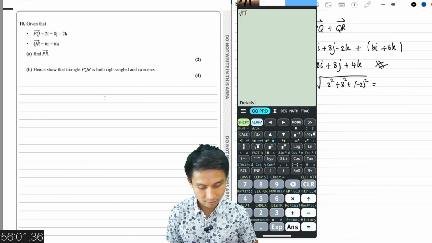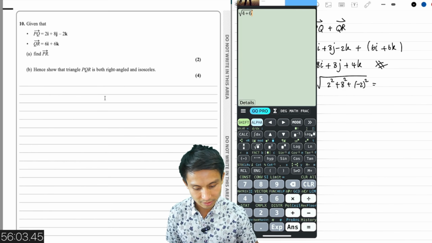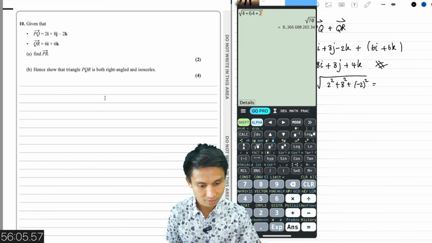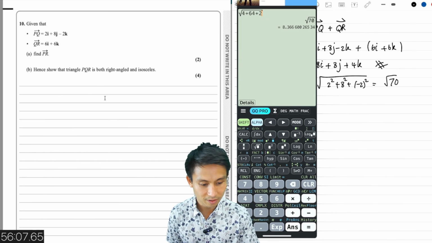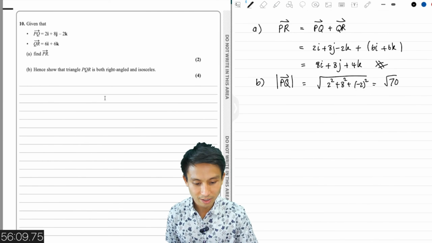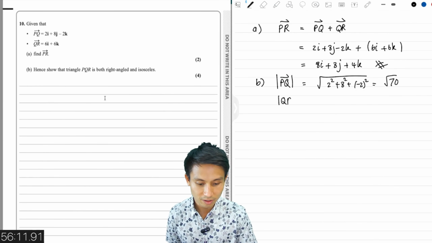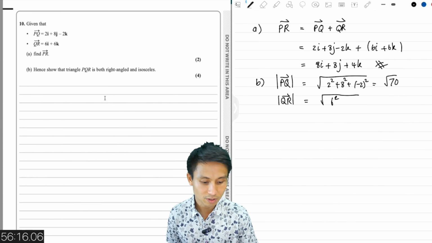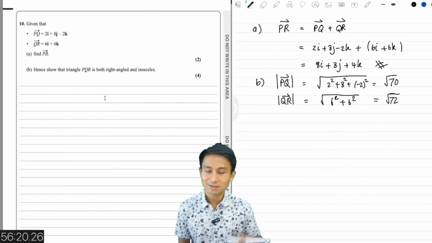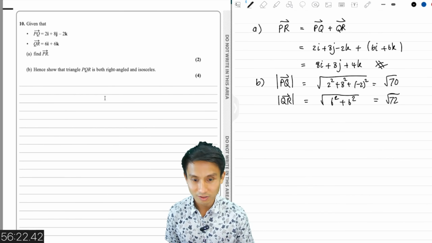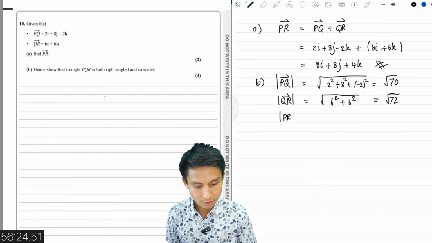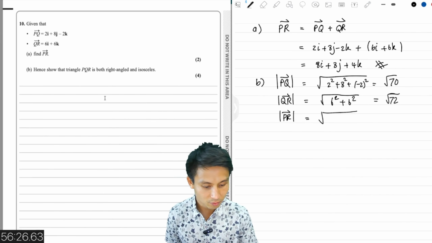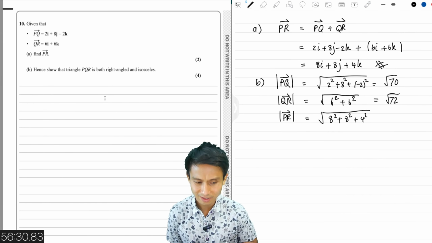Okay, square root of 4 plus 64 plus 2, that would be root 70. And QR is square root of 6 squared plus 6 squared, that is square root of 72. So that's not the same as 70, so we need to do PR as well. PR, square root of 8 squared plus 8 squared plus 4 squared.